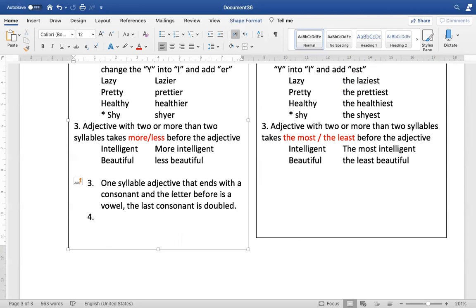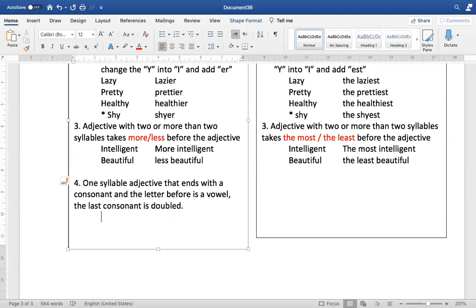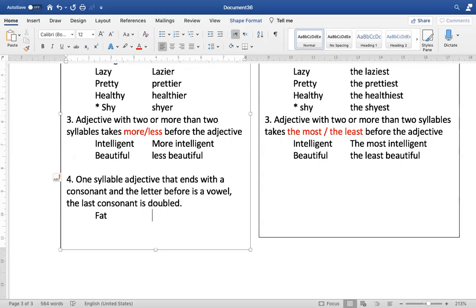For example, you have an adjective such as fat. Fat ends with T. T is a consonant. The letter before that is a vowel. Therefore, the last T should be doubled. So instead of fat, we say fatter, with a double T. You've got the word such as thin, and that will be written as thinner.